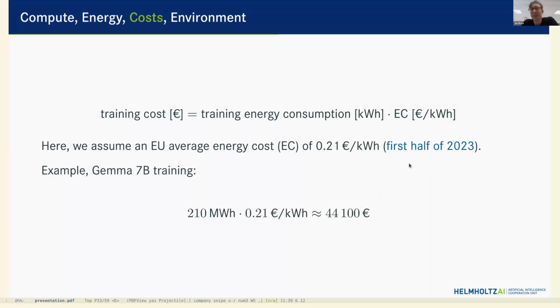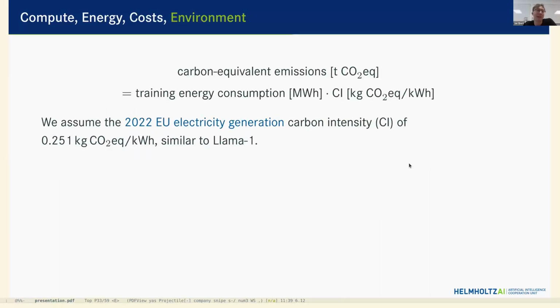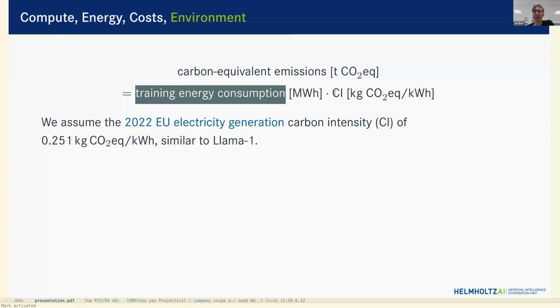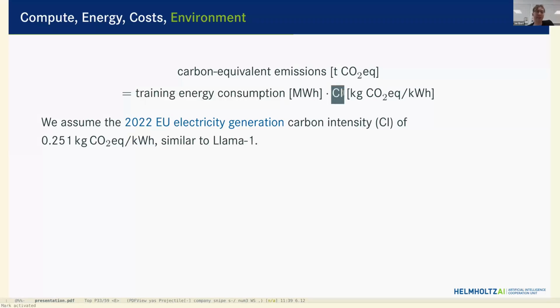Another thing we can calculate is the environmental impact, which is measured in carbon equivalent emissions. So again, there's a formula here where we use the energy consumption of our training and this CI, the carbon intensity.